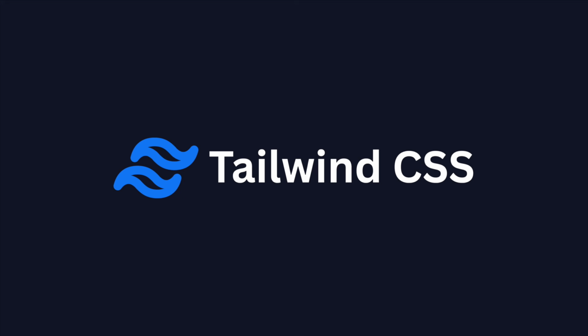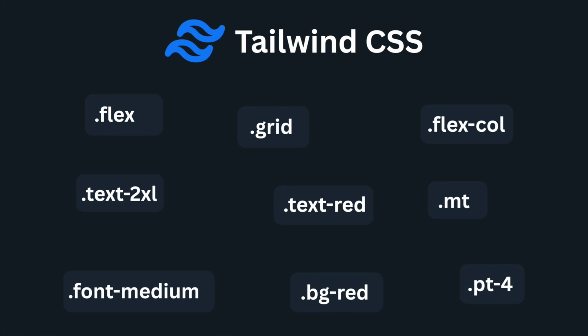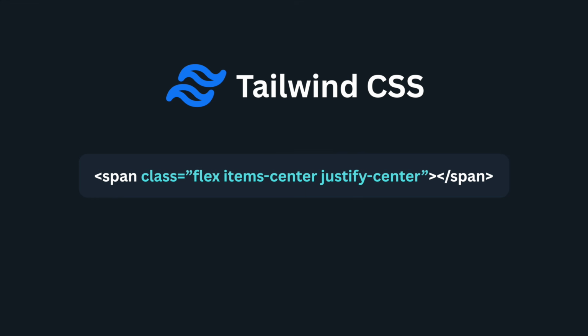Now Tailwind changes this approach completely. Instead of writing separate CSS classes, you apply utility classes directly to your element to get that style. What I mean by this is, you can see this same example in Tailwind. Here we have the div, and in className we are adding Tailwind utility classes to get that style on our element.